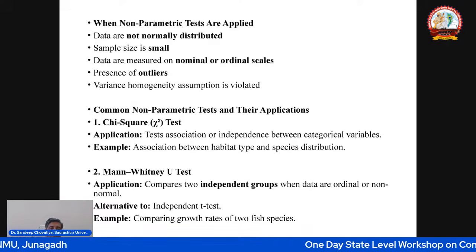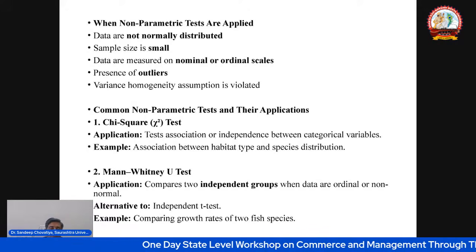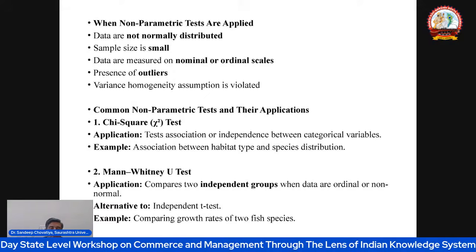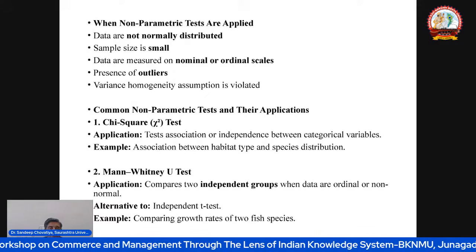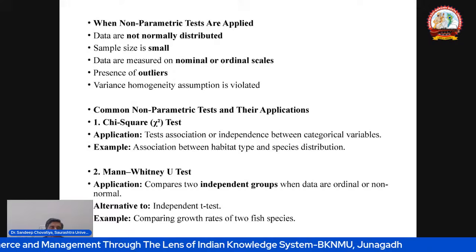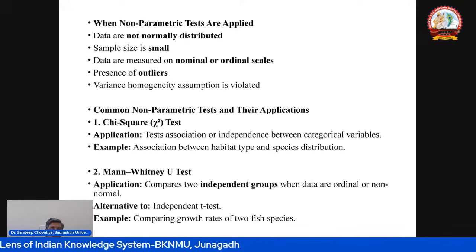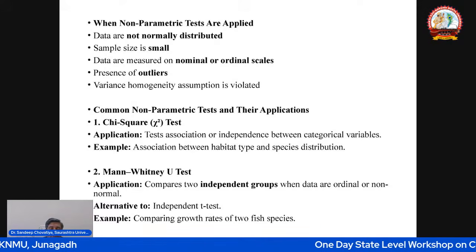For example, comparing the growth rate of two fish species. So we perform this non-parametric test for our hypothesis analysis. Students, this is about non-parametric tests and their application. Previously, we discussed parametric tests and their application.